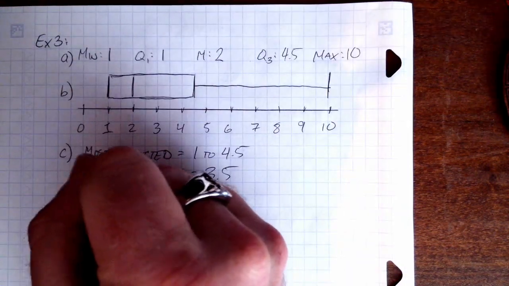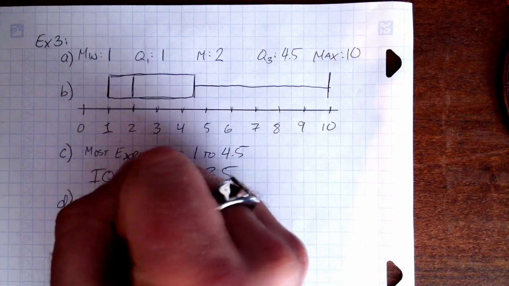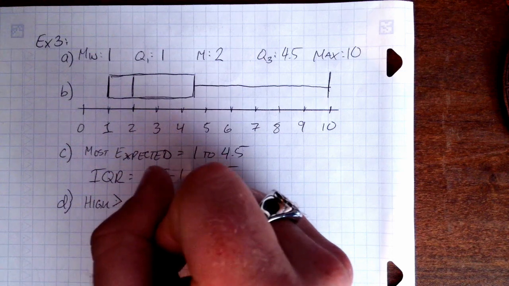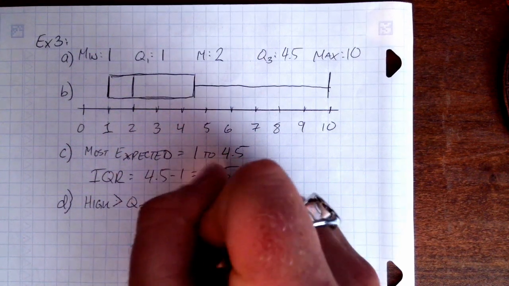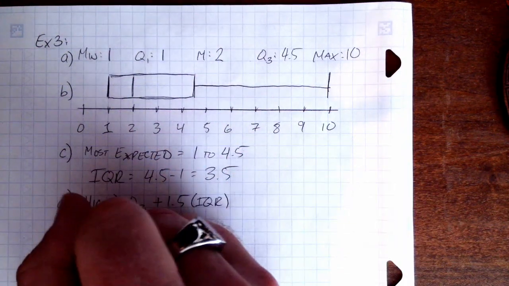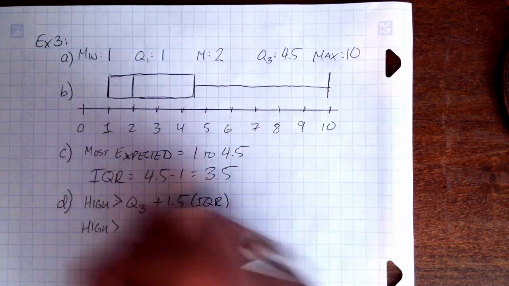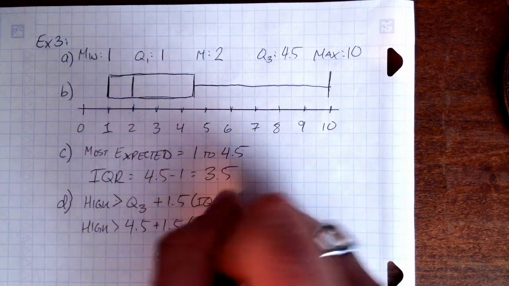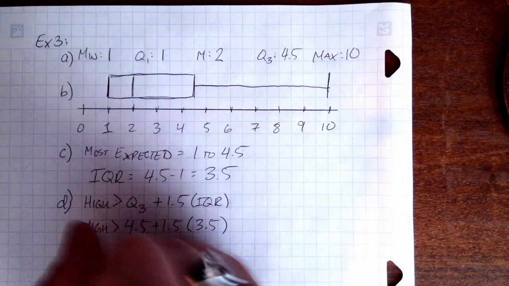So any high outliers, again, are going to be bigger than Q3 plus 1.5 times our IQR, which means that our high outliers are going to be bigger than 4.5 plus 1.5 times 3.5.